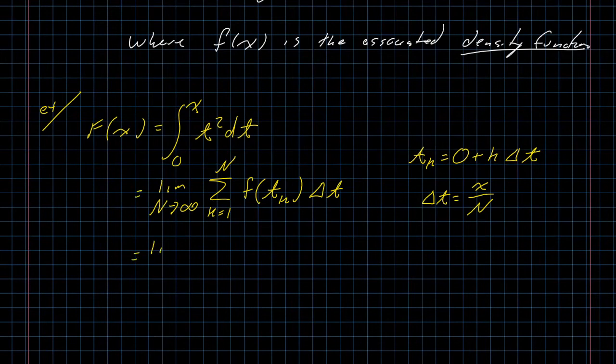We're still taking the limit as n goes to infinity. We're still summing, k goes from 1 to n. But now we're evaluating f of k delta t times delta t. And I said I was going to substitute in the meaning of delta t. Let me go ahead and do that as well. Delta t is x over n. So k times x over n times x over n.